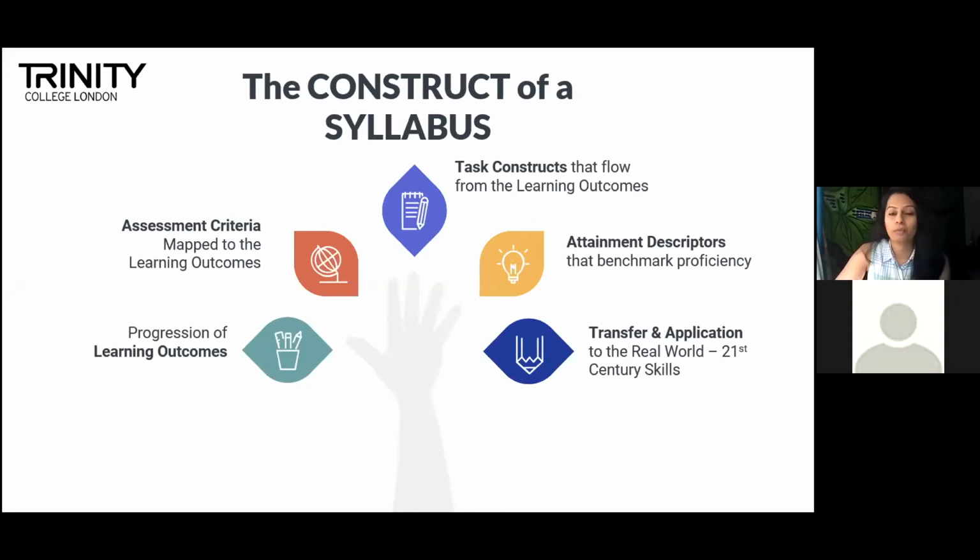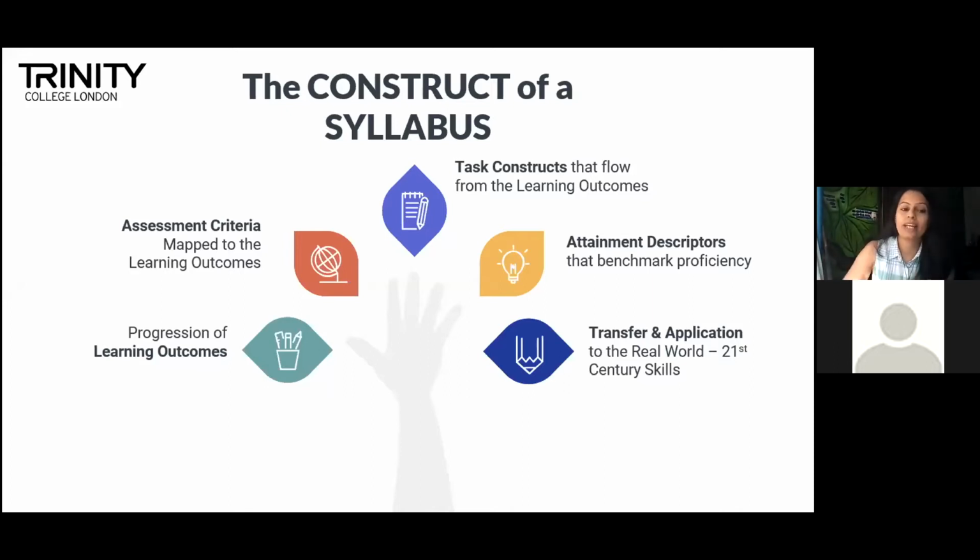For example, if you're preparing for a grade 6, then learning outcomes have been designed in such a way that you are capable of improvisation, of rework, of addressing almost as many genres of plays that exist in world literature. So all those things. But every task has been described and mapped in such a way that it takes from the 21st century skills that are required in order to live.